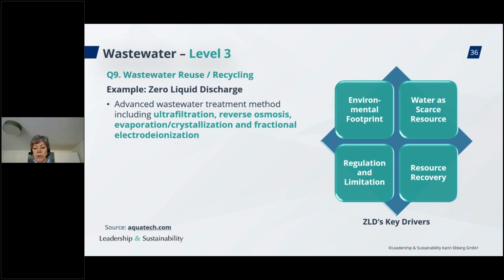And also, again, remember that even if the sludge that you have in this step is a smaller volume, it may still be a hazardous sludge, and it may still be difficult to dispose of. And if, for example, you need to evaporate or crystallize, the energy consumption is very, very high.